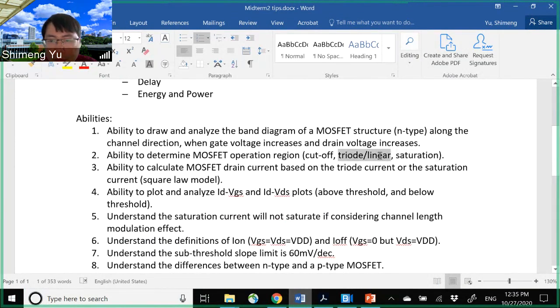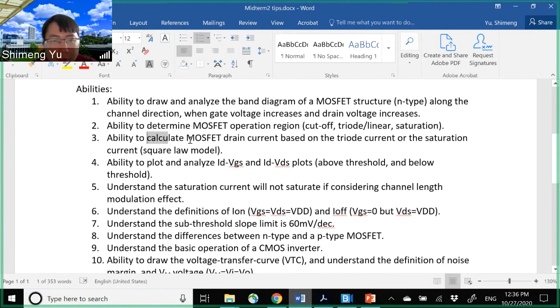For the triode or linear region, the Vg minus Vth, the gate voltage minus the threshold voltage, needs to be larger than the drain voltage. And saturation is when Vg minus Vt is smaller than the drain voltage. So understand those conditions for the three regions.